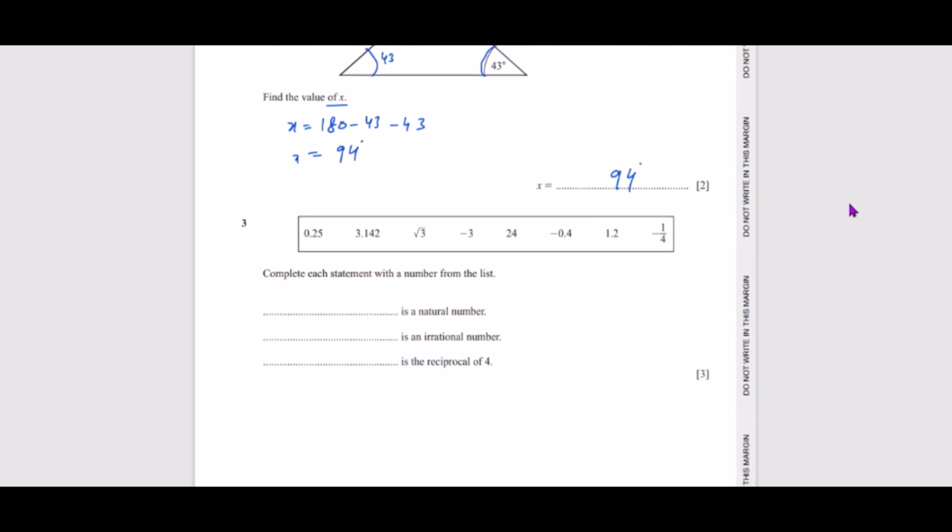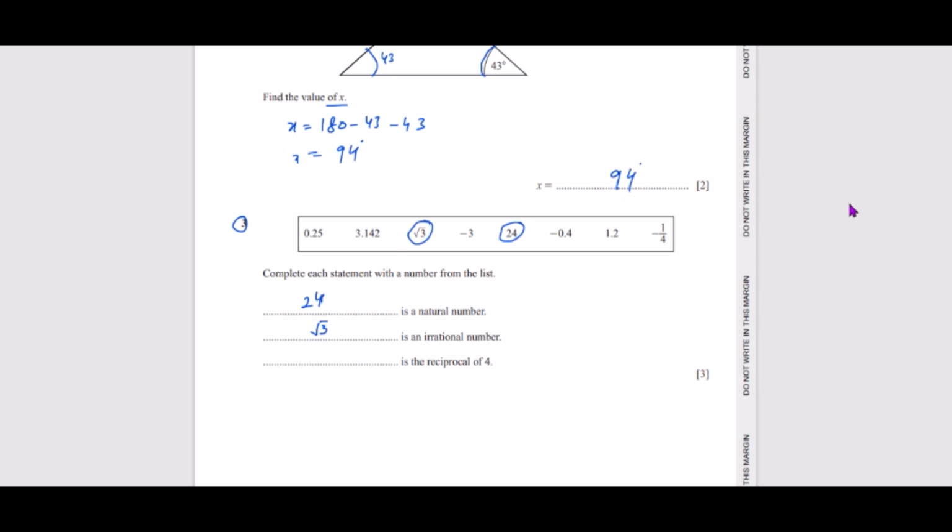These are numbers. Complete each statement with a number from the list. Dash is a natural number. There is only 24 as a natural number. Dash is an irrational number, so square root 3 is an irrational number. Any prime number under the square root is called an irrational number.